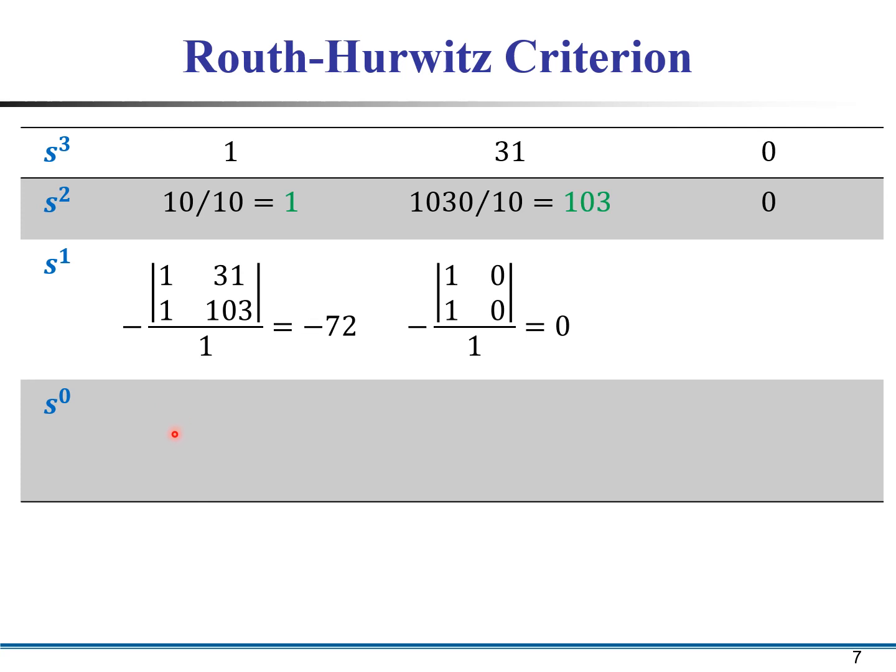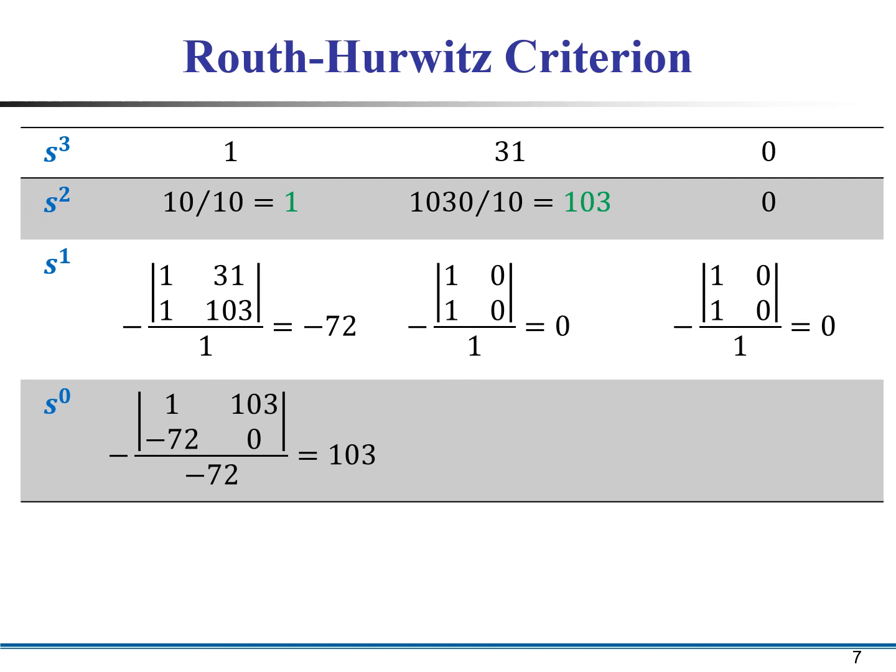So let's see what is happening. Here I have to write 1, 1, minus 72 in the first column, then 103 and 0 over here, and we will divide it by this element. So here it is 103.